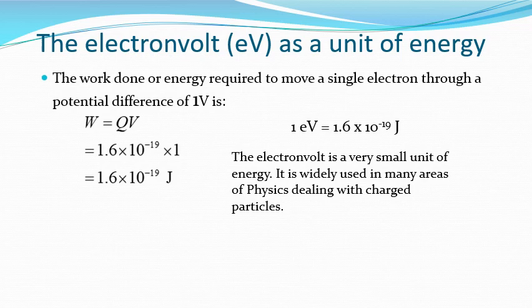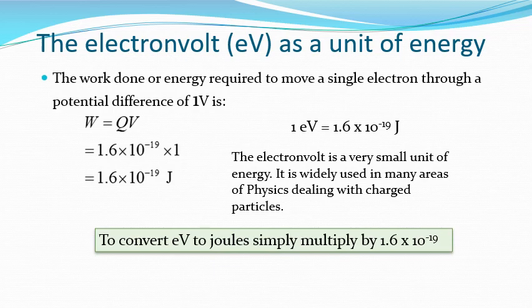Okay, so you have to have an appreciation of what that is and then convert between the two, and you do that just by multiplying by the number of joules in an electron volt, which is Q times V, so it is the charge on an electron times 1 volt.